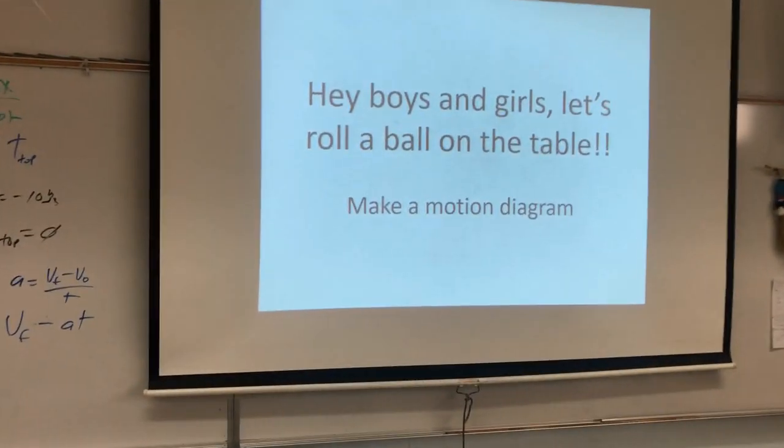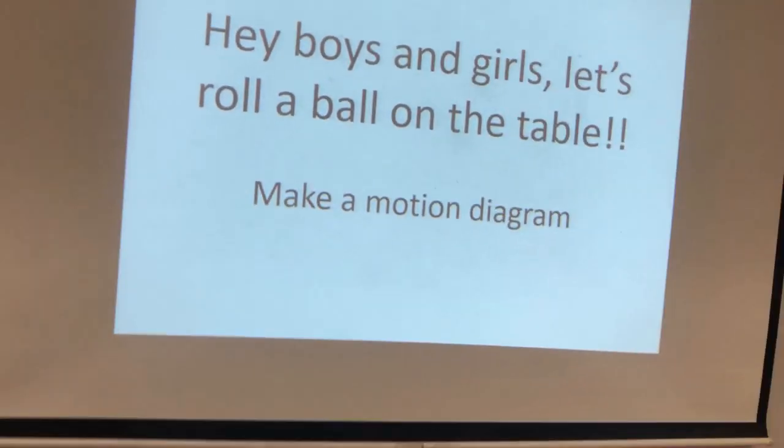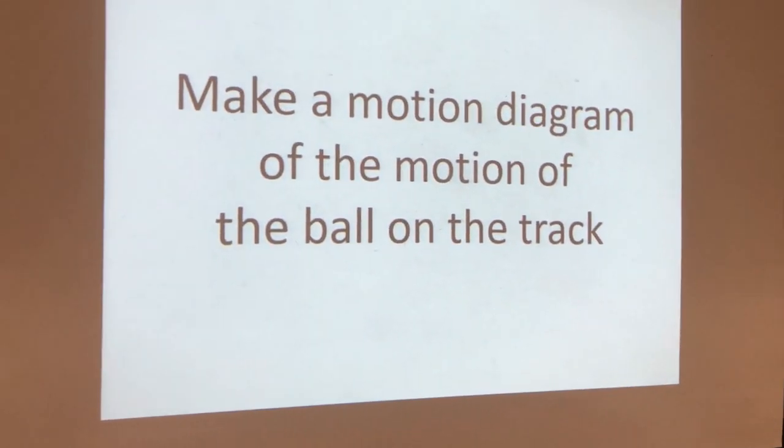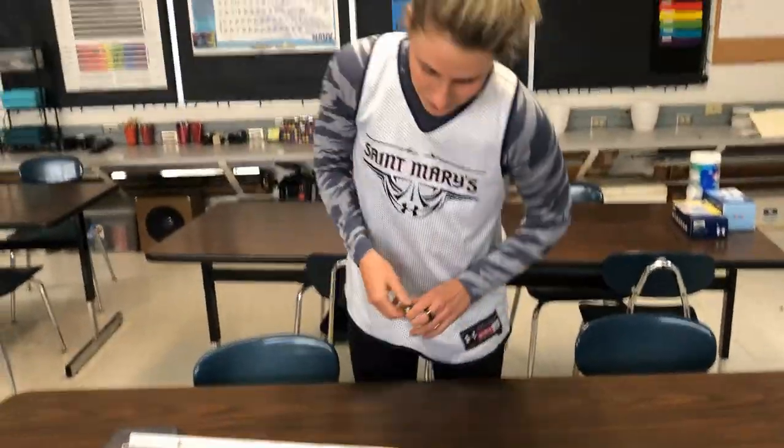All right, so now the next thing I'm going to do. Make a motion diagram of the motion of the ball on the track. You just did that. Next I'm going to roll the ball down a track. We have already decided that the positive direction is that way.